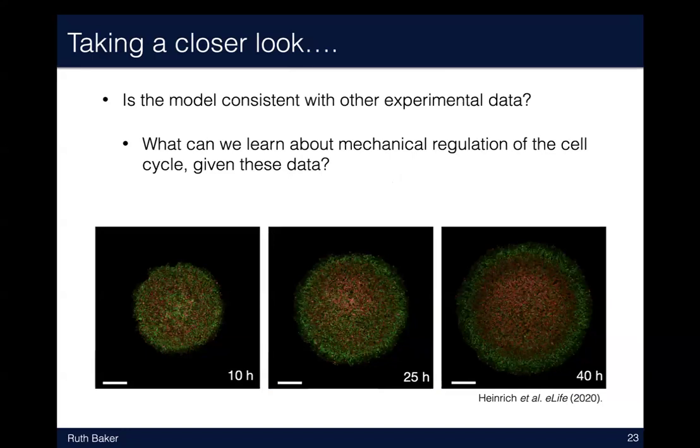So let's take a closer look and ask the question, is that model consistent with other data? These data are from Daniel Cohen's lab at Princeton, who we collaborate with, and it was published in eLife in 2020. This is work by Matt Heinrich.